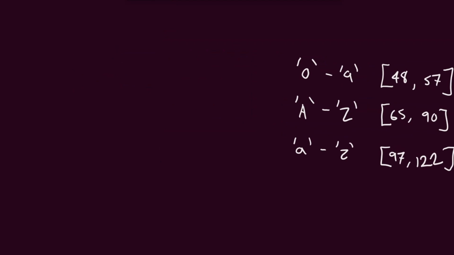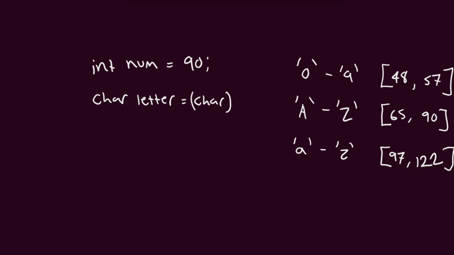If we had instead int num equals 90, and then we force this to become a character, so we would do char letter equals (char) num. The letter will be Z, because 90 is defined by Z, so the character Z will come out of here.